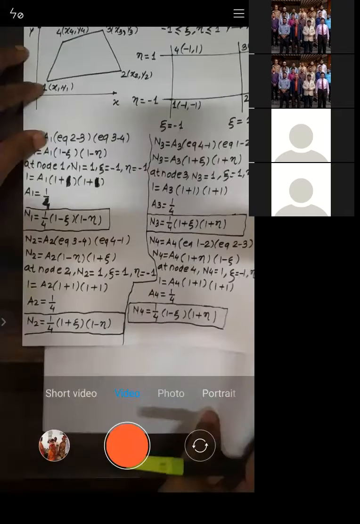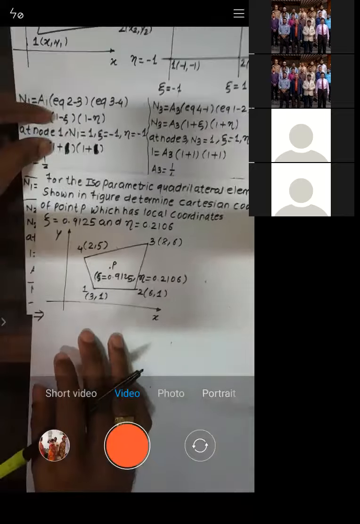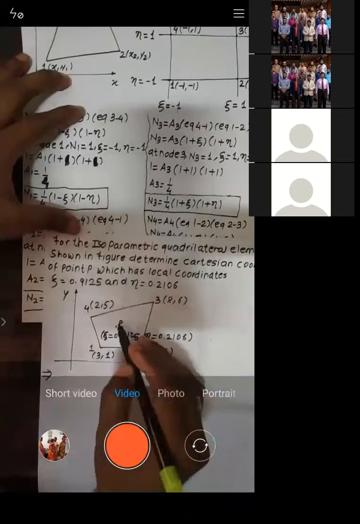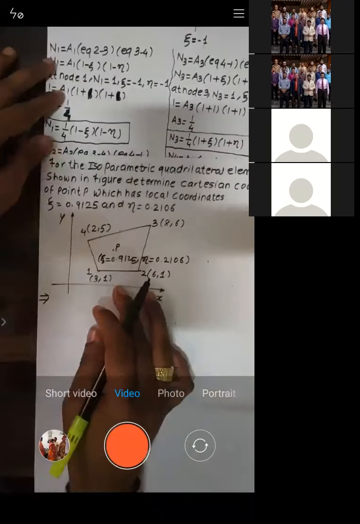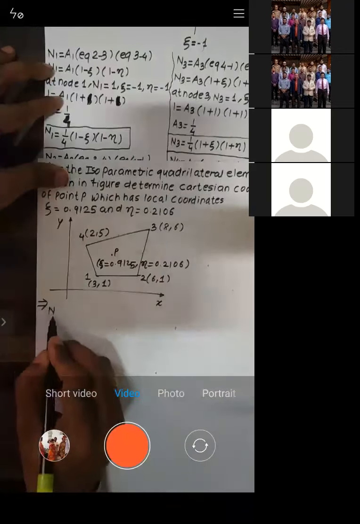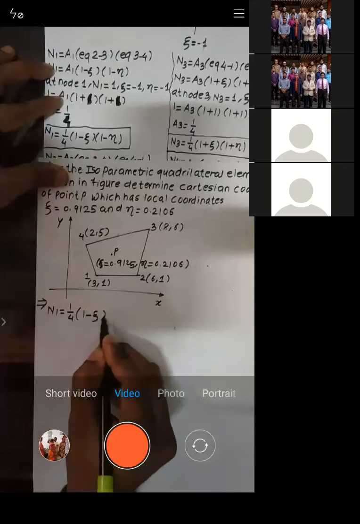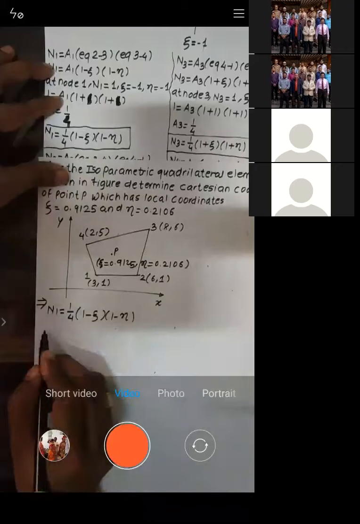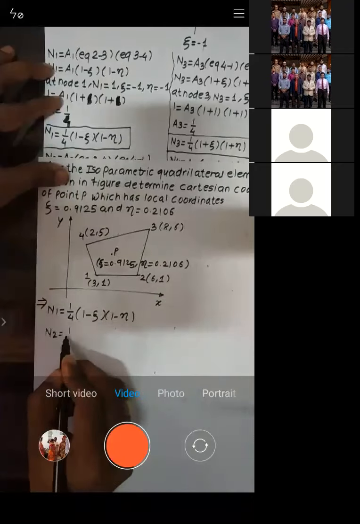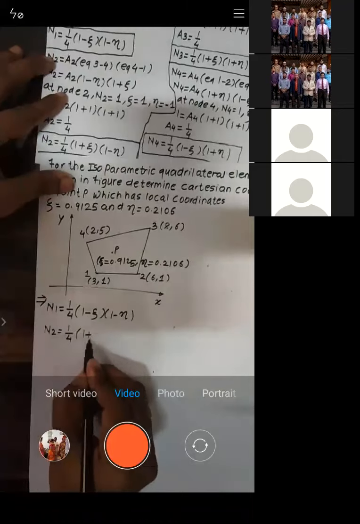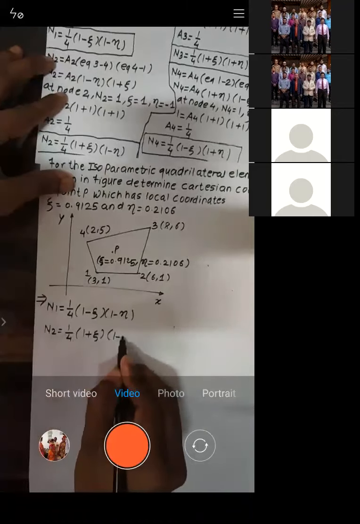So can we calculate the shape functions? The value of the shape function depends upon zeta and neta, and zeta and neta are given. N1 is equal to 1/4 (1 minus zeta)(1 minus neta). N2 is 1/4 (1 plus zeta)(1 minus neta).